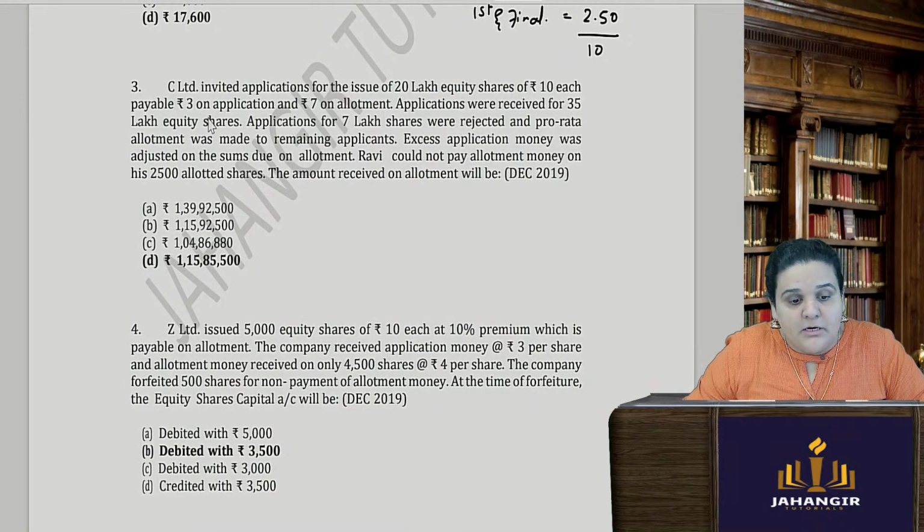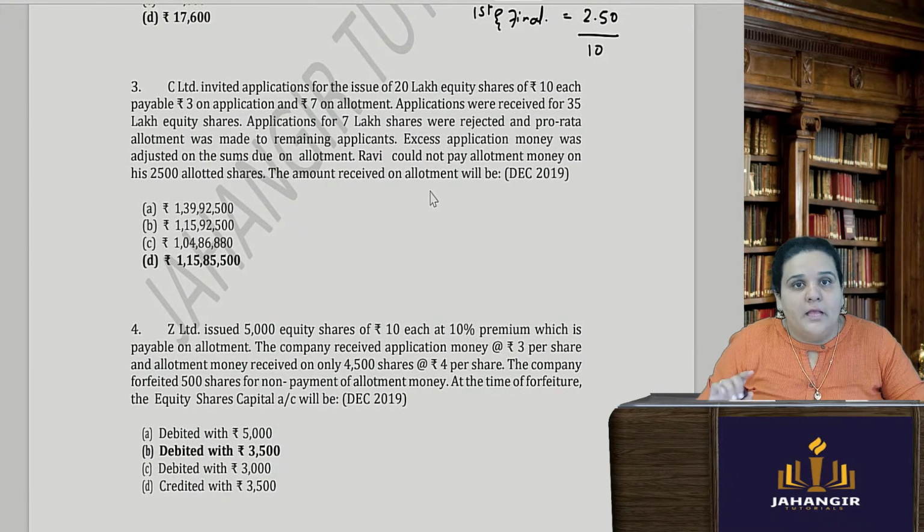Applications were received for 35 lakh equity shares. Out of that, 7 lakh shares were rejected and pro rata allotment was done to the remaining applicants. Excess application money was adjusted for the sums due on allotment. Ravi could not pay the allotment money on 2,500 shares allotted. The amount received at the time of allotment will be how much?